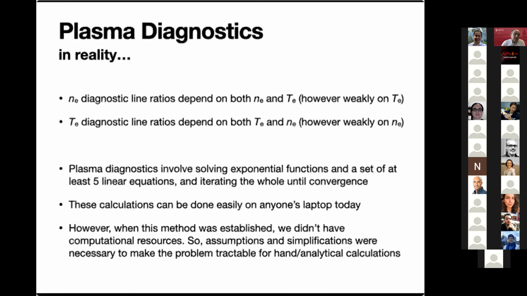For electron density, there's a temperature dependence to it. And for the temperature diagnostic line ratios, you can get the temperature, but there's also a density dependence. It's a very slight dependence, but still both of these have dependence on both quantities. So again, you have to do this iteration to come up with the converged solution.